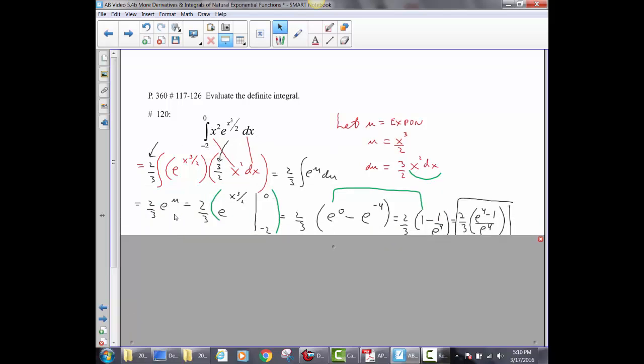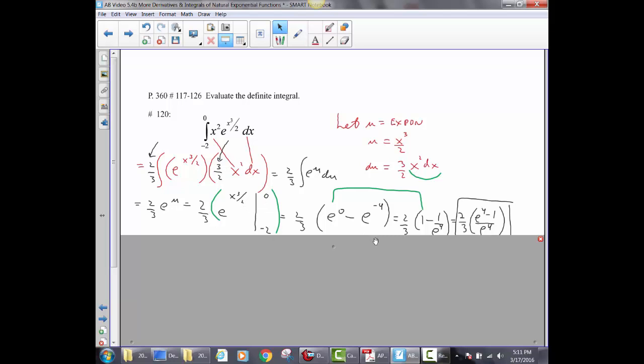Now I have 2/3, and then I'm integrating e to the u, and this whole thing was du. My integral of e to the u du is e to the u. My u over here was x cubed over 2. Notice how I pulled the 2/3 on the outside. I just find that easier. We're evaluating that from -2 to 0.